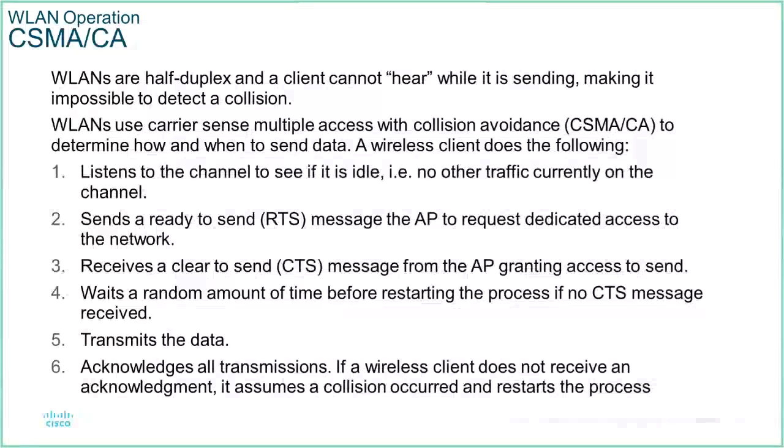So when a device wants to send information, it requests the access point to give it authority to send. The access point will grant access by sending a clear to send message, and then the device will send the message. If it doesn't get a clear to send, it does a random back off, just like a wired network does on collision.